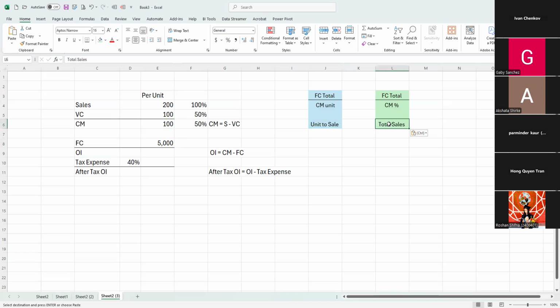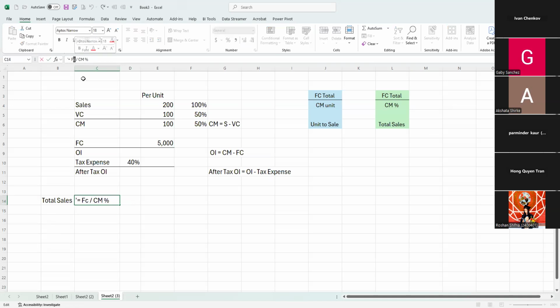If I need total sales, I have to get my fixed cost divided by contribution margin ratio. Make sense? Yes. So let's go with the total sales. Let's say I want break-even point in total sales. How much is it gonna be? That will be equal to fixed cost divided by contribution margin ratio.